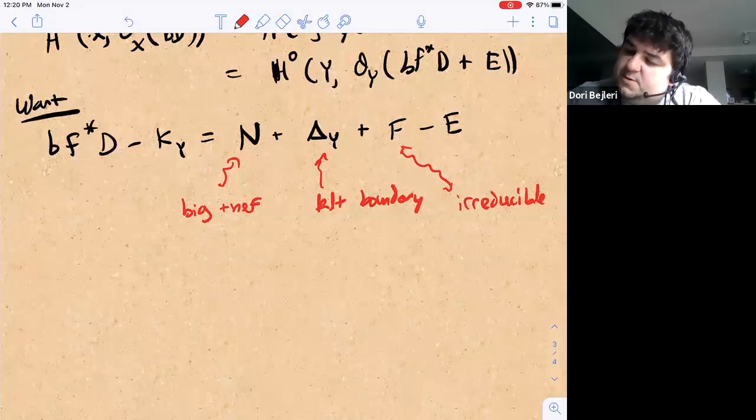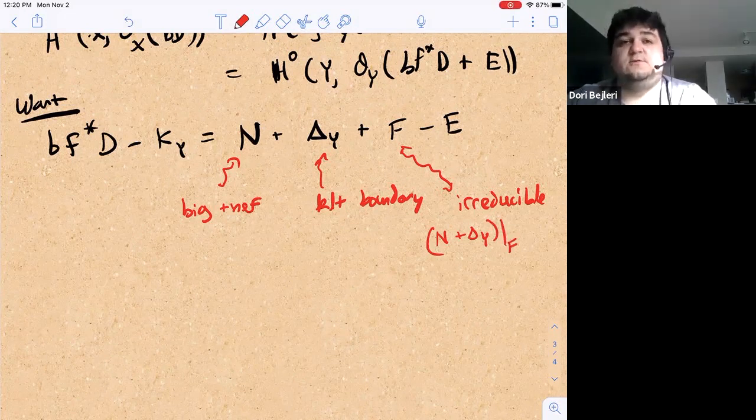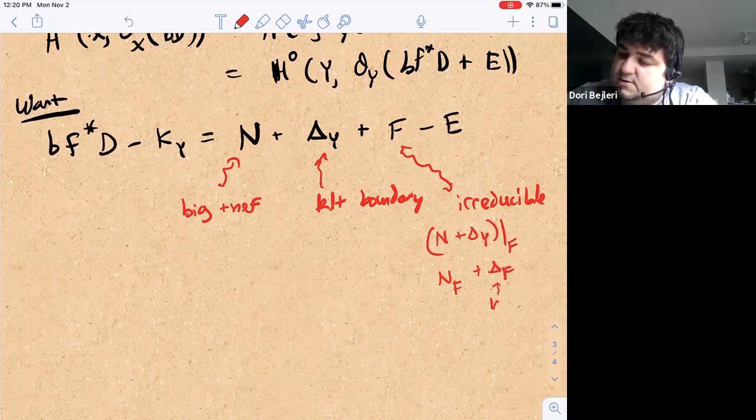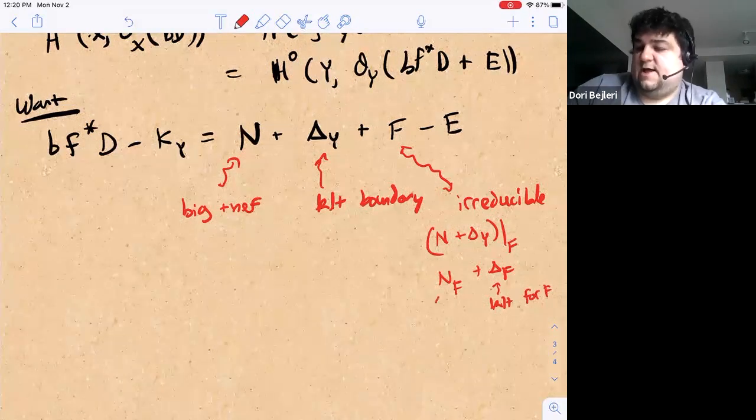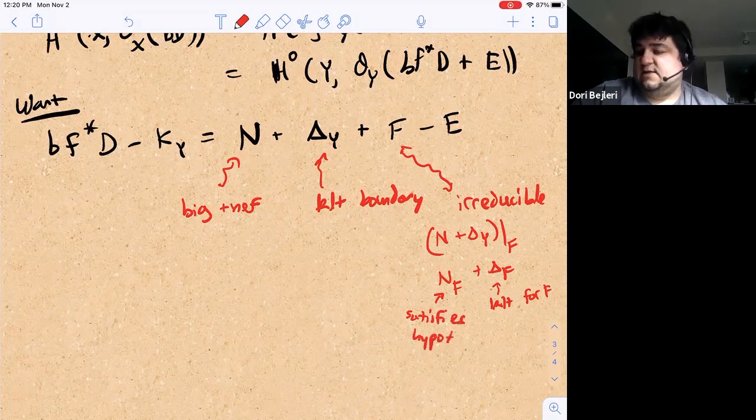So we want this to be irreducible, but we also want to know that when we take N plus Delta_Y restricted to F, we want this to be something that we can apply our hypothesis to on F. So we need this to be of the form N_F plus Delta_F, where this is some KLT boundary for F, and where N_F satisfies the hypotheses. So ideally it's big enough, or actually we're going to get it so it's even ample.